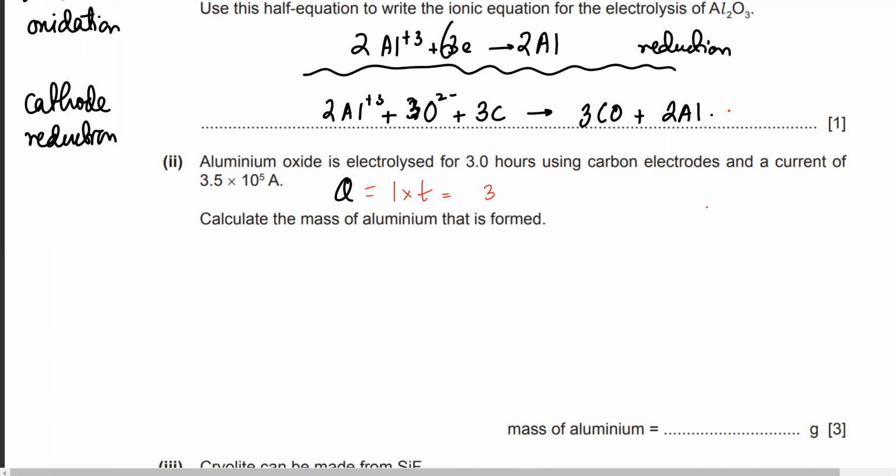Current is 3.5 times 10 to the power 5 amperes, multiplied by time, which is 3 hours, 3 into 60 minutes, and every minute is 60 seconds.